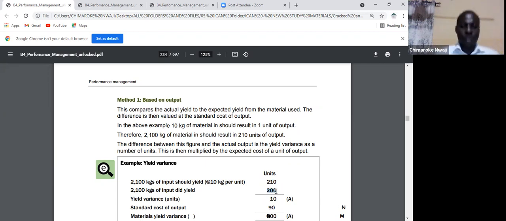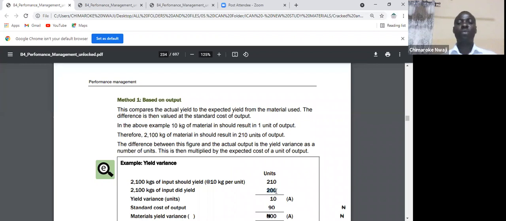So look at it this way so that you understand. You have 2,100 kilograms of flour. And the standard is 10 kilograms per 1 unit of bread. It means that if you are using 2,100 kilograms of flour, you are supposed to be producing 210 loaves of bread. But when you actually did it, you got 200 loaves of bread. Now, did you do well?